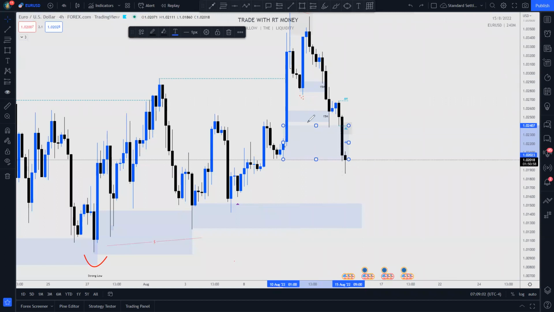I'm looking for price to do something like this and then go up. So I'm looking for liquidity taken when a zone is made, and a liquidity point for price to target on the way out. Liquidity going in, liquidity going out.